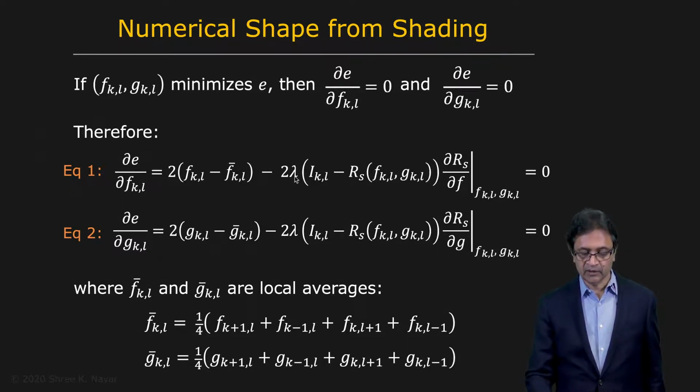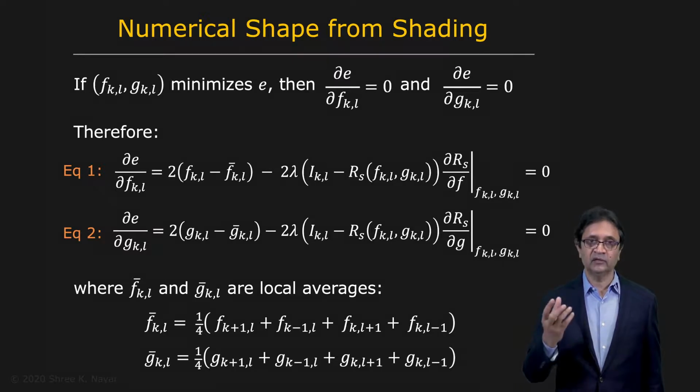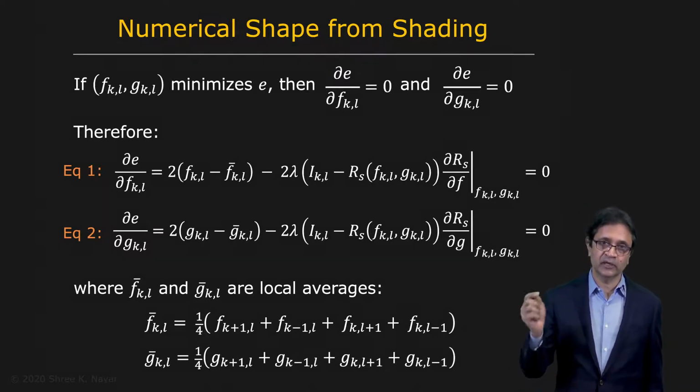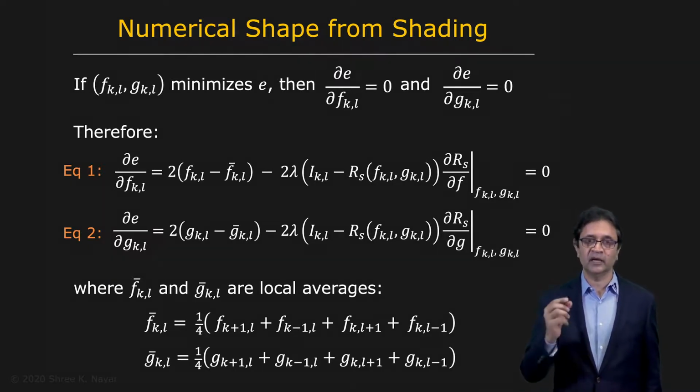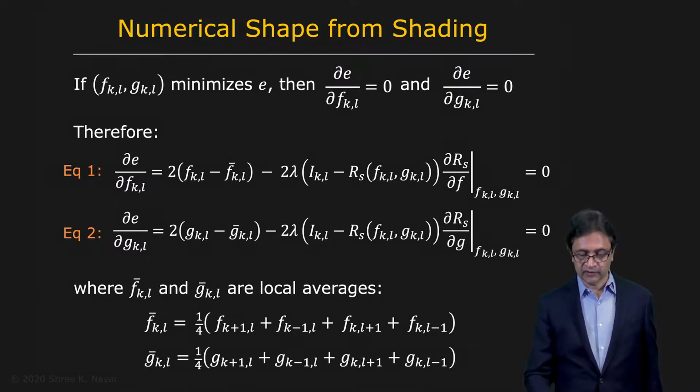Then you have lambda here. You have IKL, which you have measured, the intensity value at that pixel, minus the reflectance map value at FKL, GKL. If we have a value for FKL and GKL, we can plug that into the reflectance map and get the value of the reflectance map.